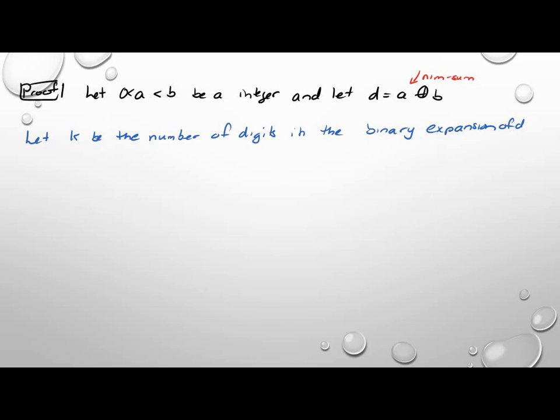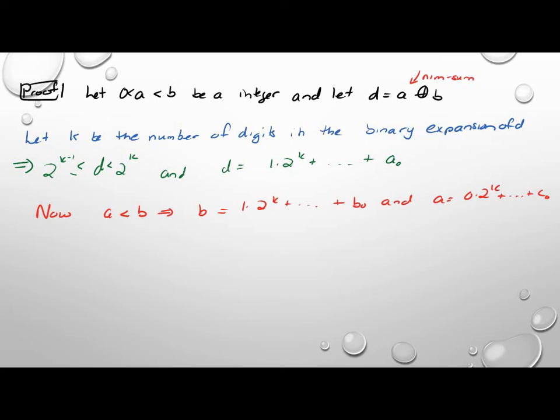There's k digits. I know there's got to be a 2 to the k exponent, and it had to be of this form, right? The leading term will be 2 to the k. I think I have these switched around. Yeah, I have this correct. So 2 to the k was just a cap.